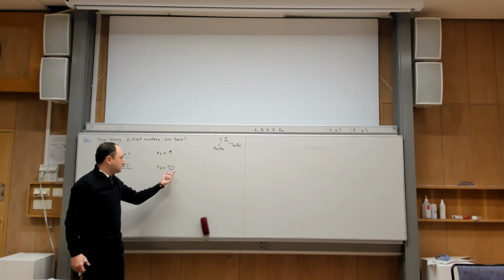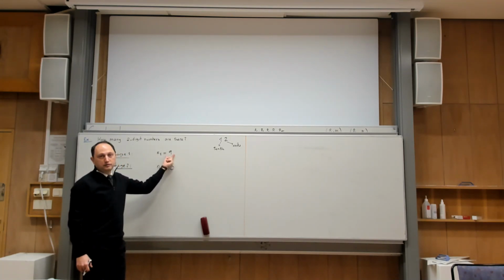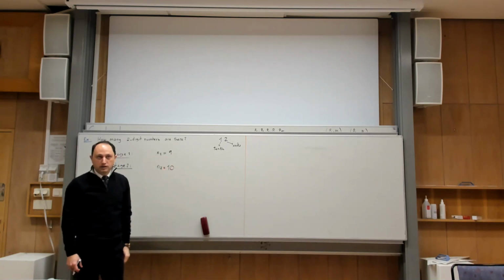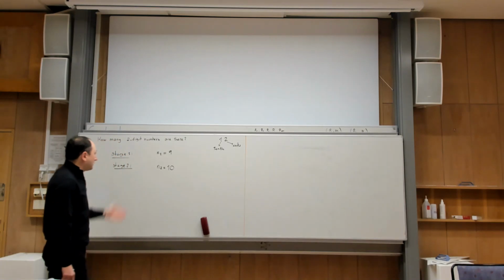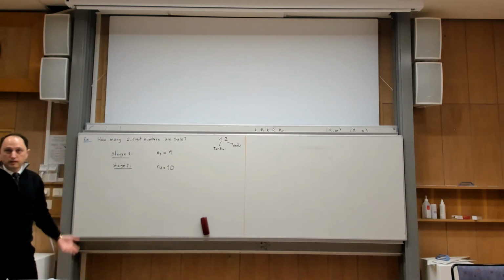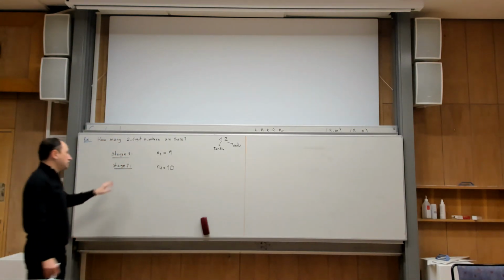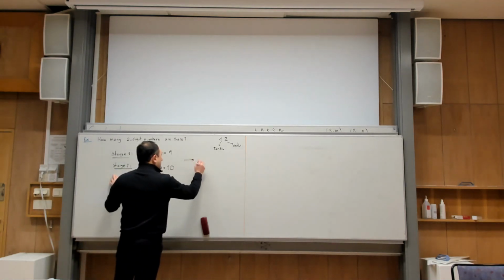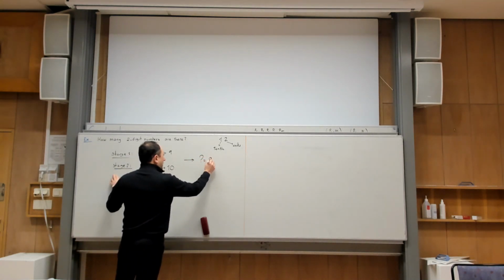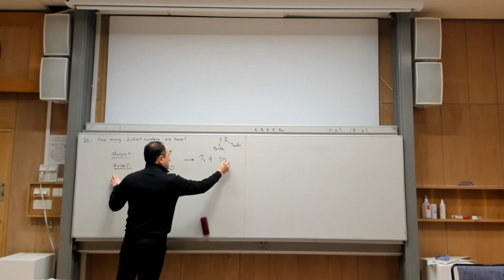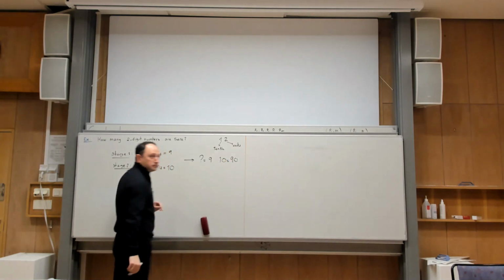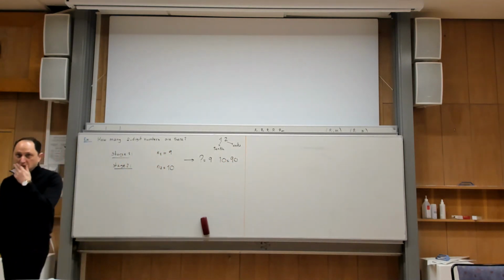It doesn't matter which way I have done the first stage, I always have 10 options available for me. So is the product rule applicable in this problem? Yes or no? Yes. So the total answer is 9 times 10, which as you predicted, is 90. Yes or no?